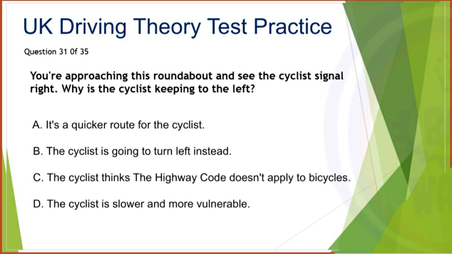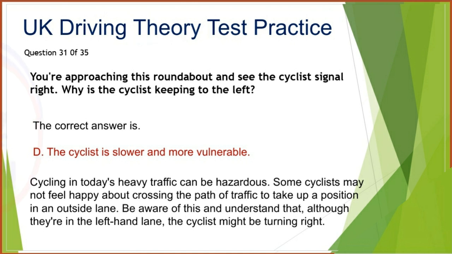D. The cyclist is slower and more vulnerable. The correct answer is D. Cycling in today's heavy traffic can be hazardous. Some cyclists may not feel happy about crossing the path of traffic to take up a position in an outside lane. Be aware of this and understand that although they're in the left-hand lane, the cyclist might be turning right.